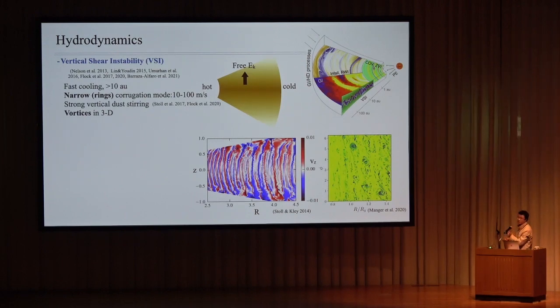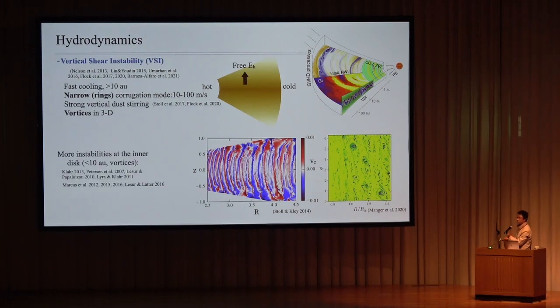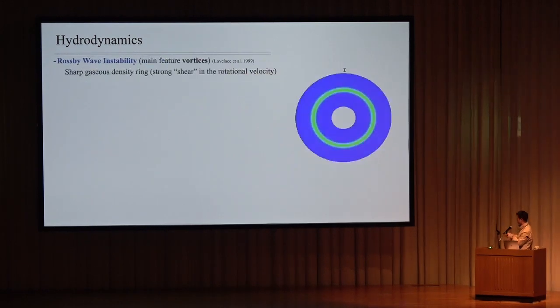So at the inner disk, there are more instabilities, but generally they will produce vortices in disks. And then if you allow the background disk to have some structures, for example, a very, very sharp ring, you have a very large velocity gradient across the ring. And this ring will become unstable and break up into vortices, and these vortices will merge.